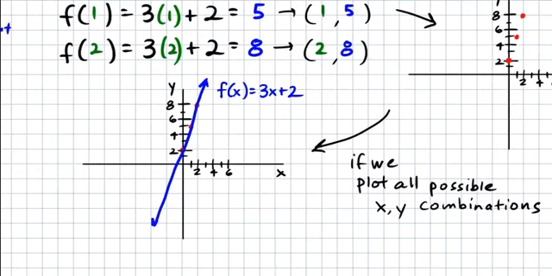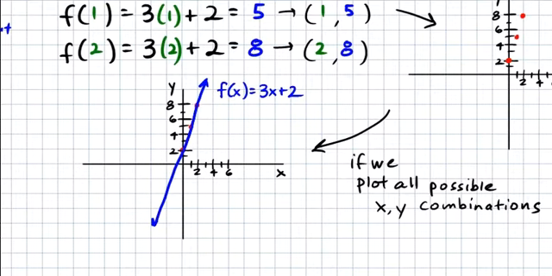Then we can connect those points if our domain tells us we can. So if our domain tells us we can plug in any number we want for x, then that means that we could connect our points. We have to make sure we have enough points so that we know how to connect them.